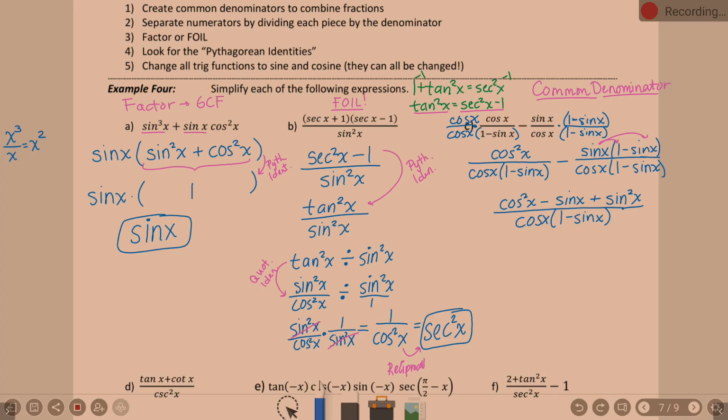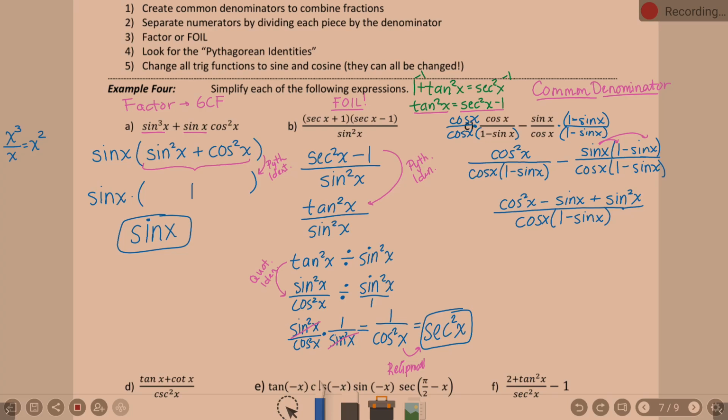So what's sine x times sine x? Sine squared x. Now, I did distribute the denominator. I don't usually distribute the denominator until I find a reason that tells me to. Maybe I'll need to, maybe I won't. But more often than not, I don't necessarily feel like I have to.